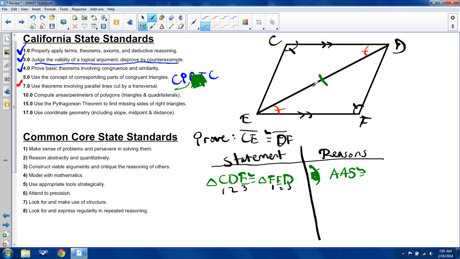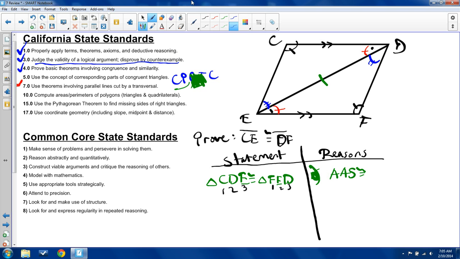Angle 1s are congruent with each other. Angle 2s, D in this triangle, E in this triangle, are congruent with each other. We could have used the third angle theorem or whatever it's called to find the other ones anyway. Angle E in this triangle is congruent to angle D in the other triangle. Okay, the third angles are congruent.